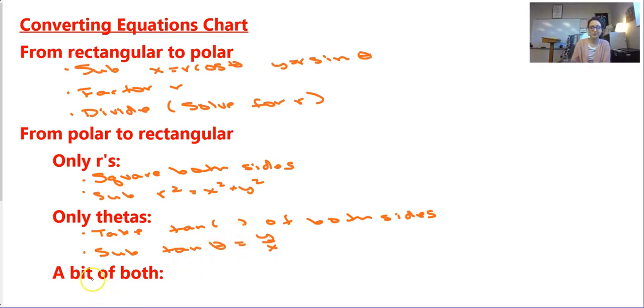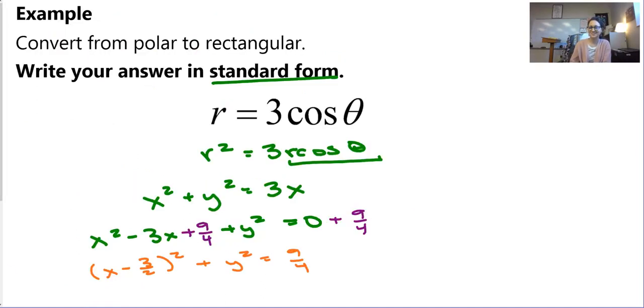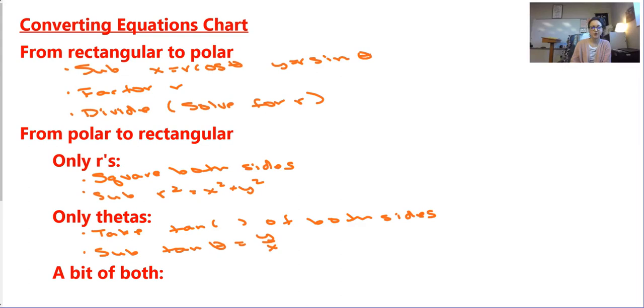Now if we have a bit of both, like this last example we just did, what did we do? We multiplied both sides by r, right? And then we made that same substitution of r squared equals x squared plus y squared here, and then here we'll make a substitution that should yield an x or a y, okay? So a bit of both.